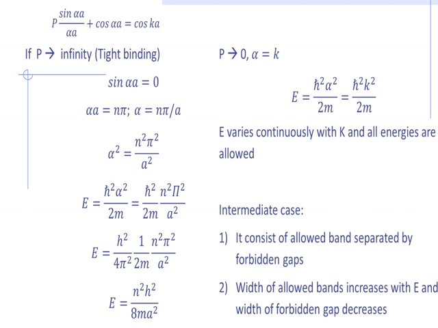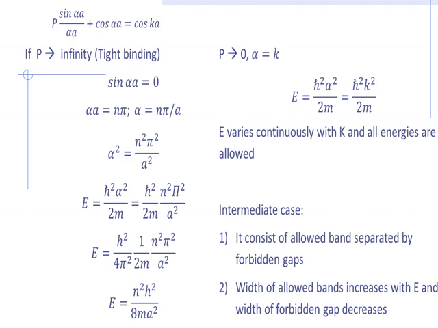That means only those values of αa are acceptable for which the value of the left hand side is between +1 and -1. Now, if P is tending to infinity and you want the left hand side to be within +1 and -1, that means sin(αa)/(αa) should be tending to 0.